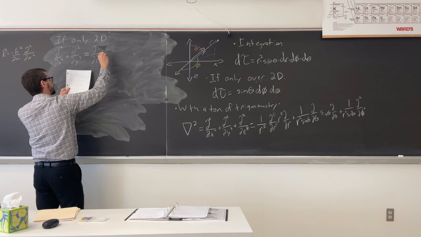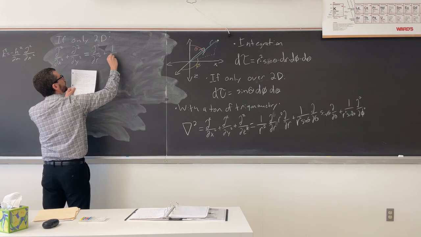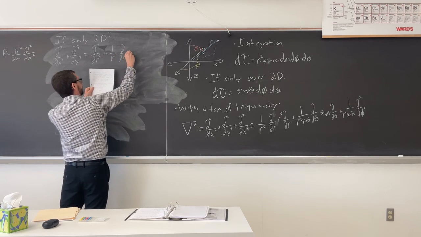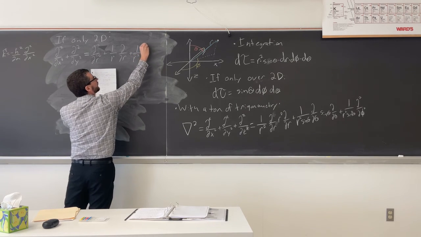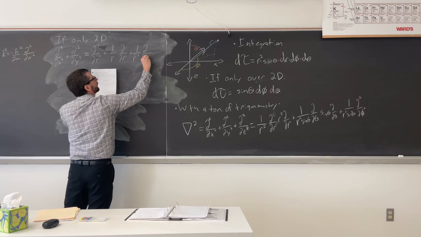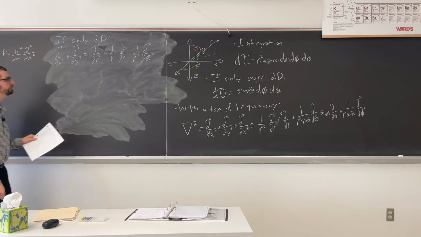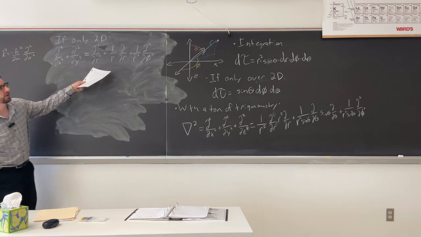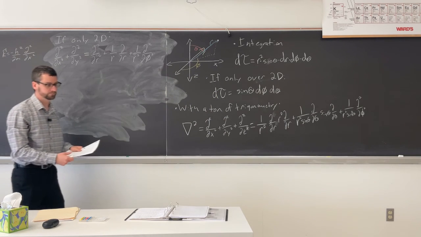Second derivative with respect to r, 1 over r, derivative of r, 1 over r squared, second derivative with respect to phi. So reducing our dimensionality makes our derivatives way simpler.